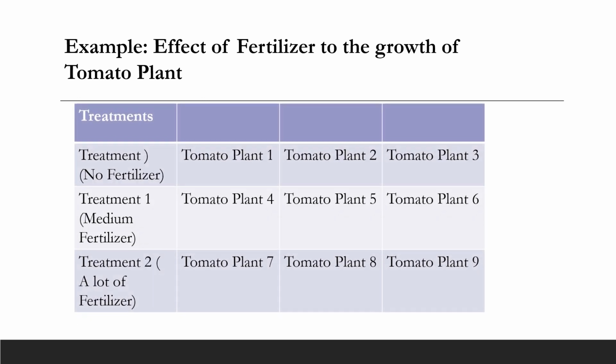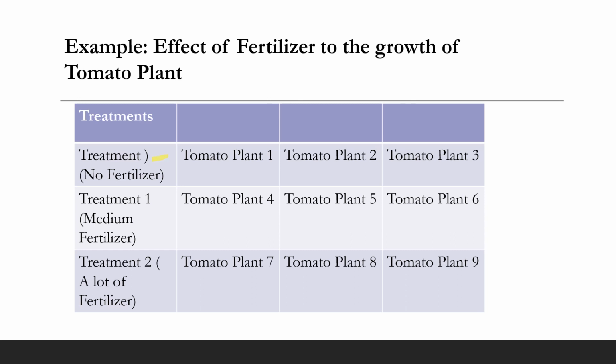Treatments are assigned to experimental units completely at random. And every experimental unit has the same probability of receiving any treatment, and randomization is performed using a random table, computer program, etc.